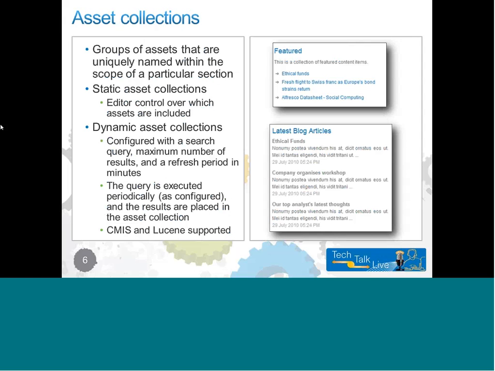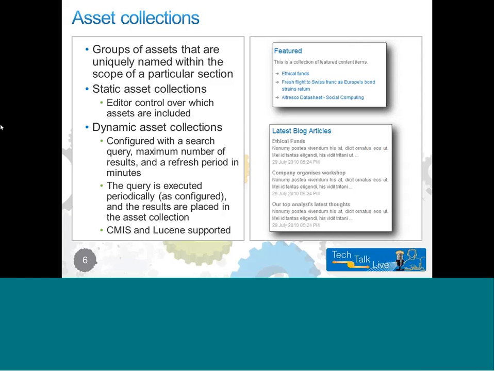So as promised, asset collections. Basically, if you look at the little screenshots that I've got over on the right of this slide, you can see that on virtually every website, there are huge numbers of different collections of assets that are shown on different parts of the screen. These two particular snapshots are just taken off the home page of the website, but there are numerous other examples of such things.